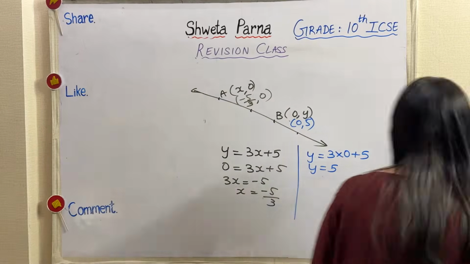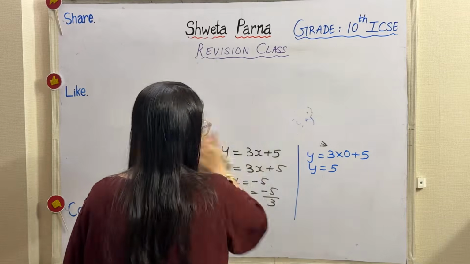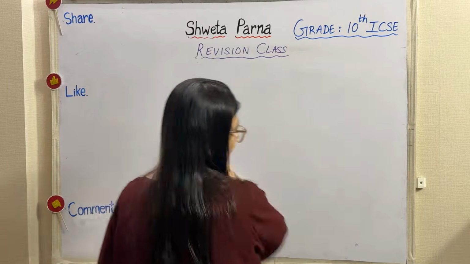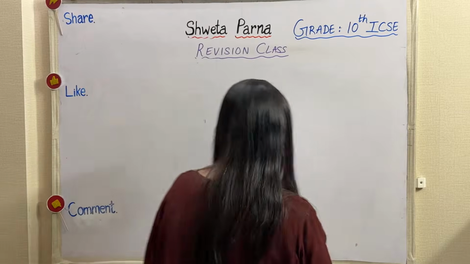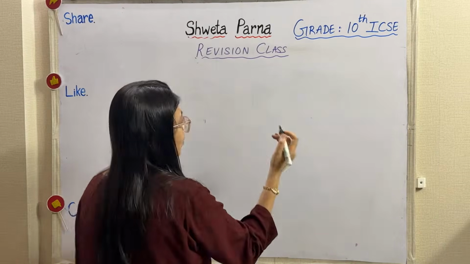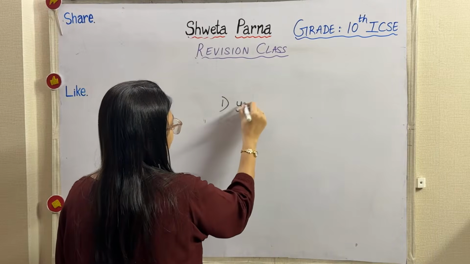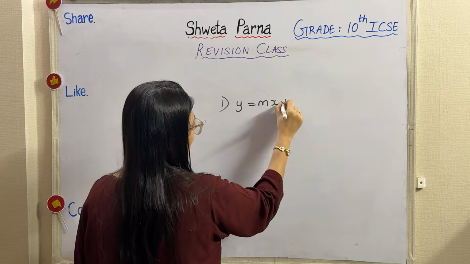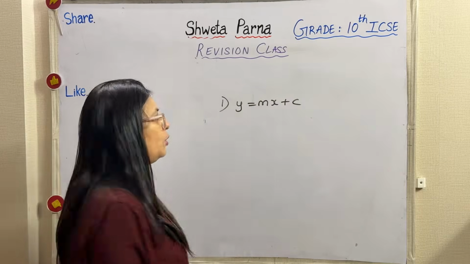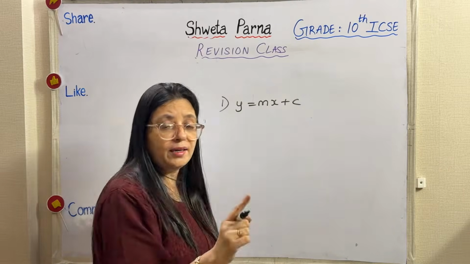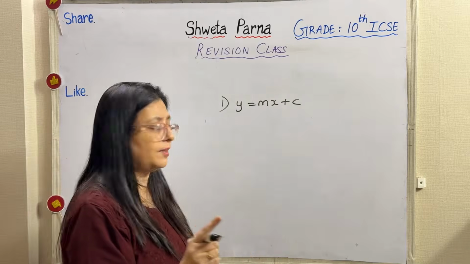Okay, next. Now there are three formulas to find the equation of a line. The slope is always represented by the letter m. So first is y is equal to mx plus c. This formula you will use when the slope is given and it is a y-intercept, not an x-intercept.